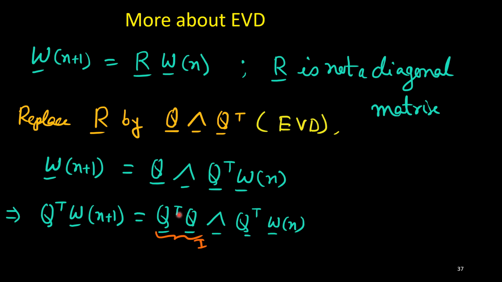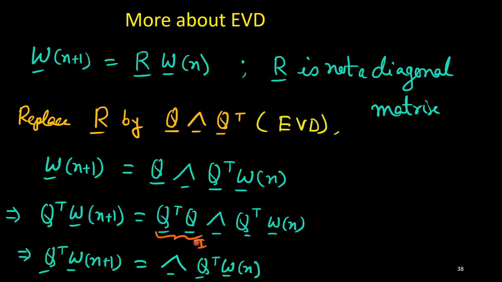Thus Q is orthonormal. This is property number 6. So I times capital lambda remains capital lambda, and Q transpose Wn plus 1 becomes the diagonal matrix capital lambda times Q transpose Wn.